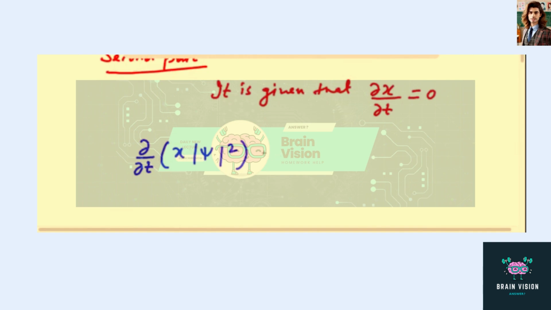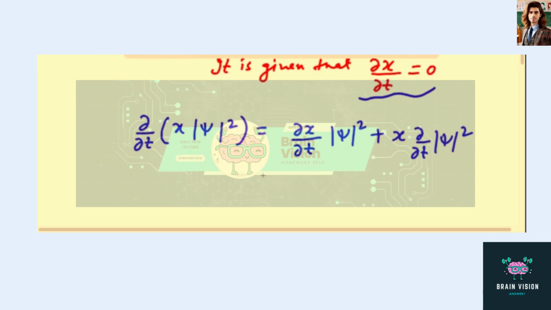Then we do this by parts: ∂x/∂t times |ψ|² plus x times the derivative ∂/∂t of |ψ|². Here it is given that ∂x/∂t is equal to 0, so that term is 0, and we are left with plus x ∂/∂t |ψ|².